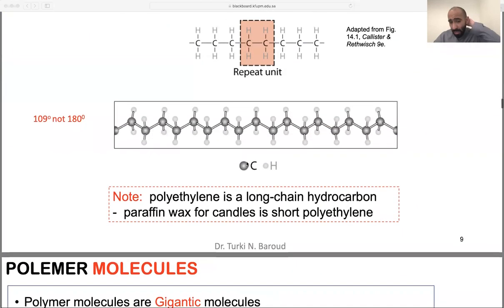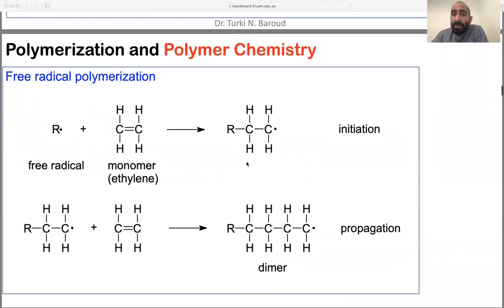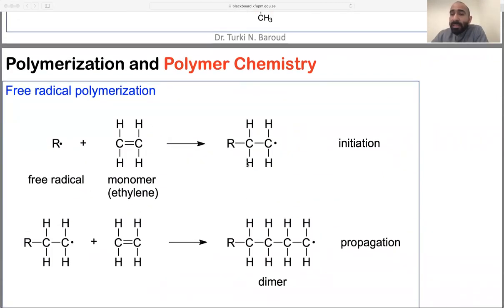Now, I would like to point out there is a difference between the monomer and the repeated unit. You notice here, this is the monomer. You start with a monomer that has a double bond over here.